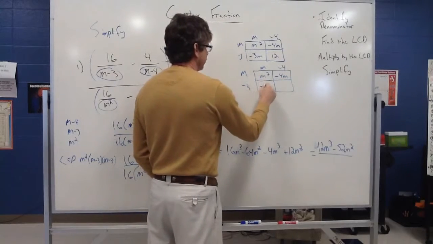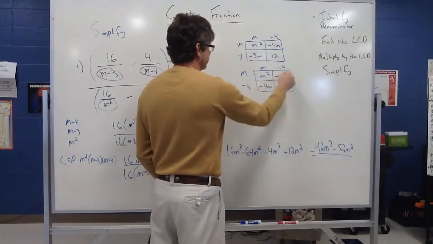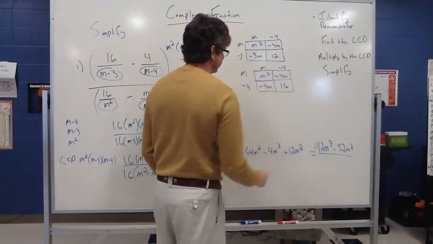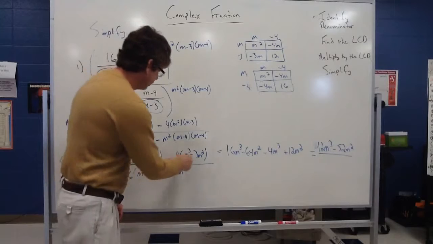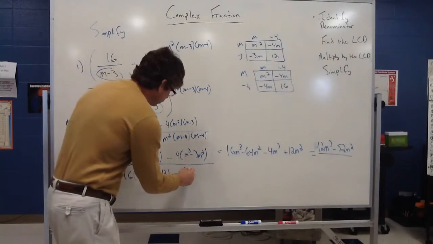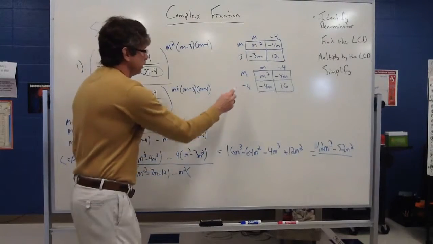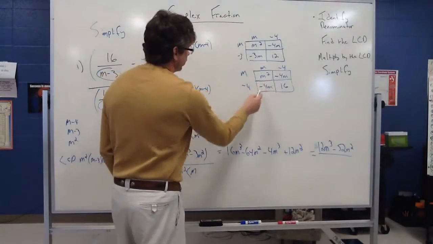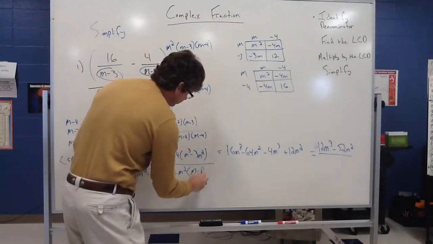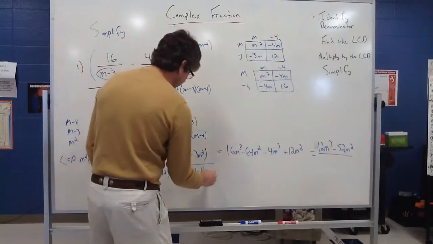Negative 4 times m is negative 4m. And negative 4 times negative 4 is 16. So this m minus 4 times m minus 4 transitions into an m squared, then a negative 4m and a negative 4m gives me my negative 8m, and then I have that plus 16.